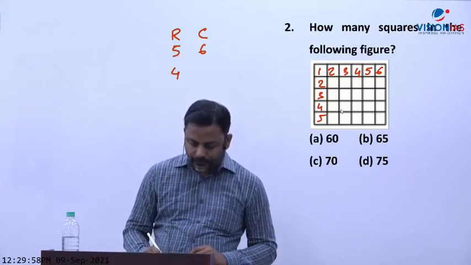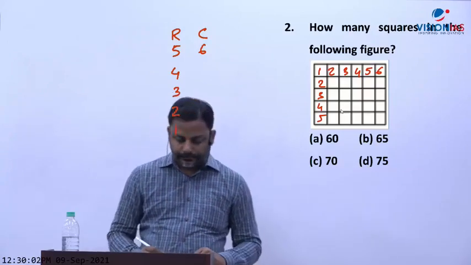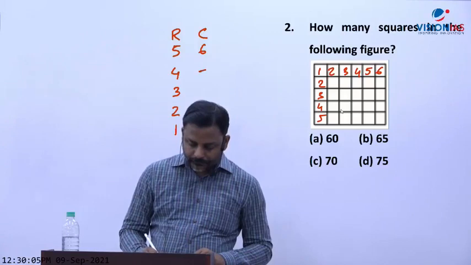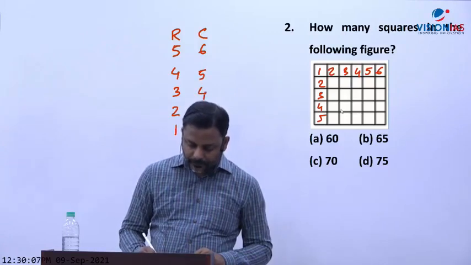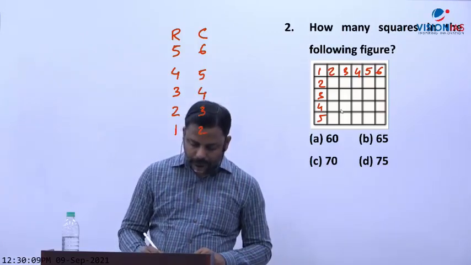What we will do is deduct 1 each time. 5, 4, 3, 2, 1. And then here 6, 5, 4, 3, 2. And multiply them.